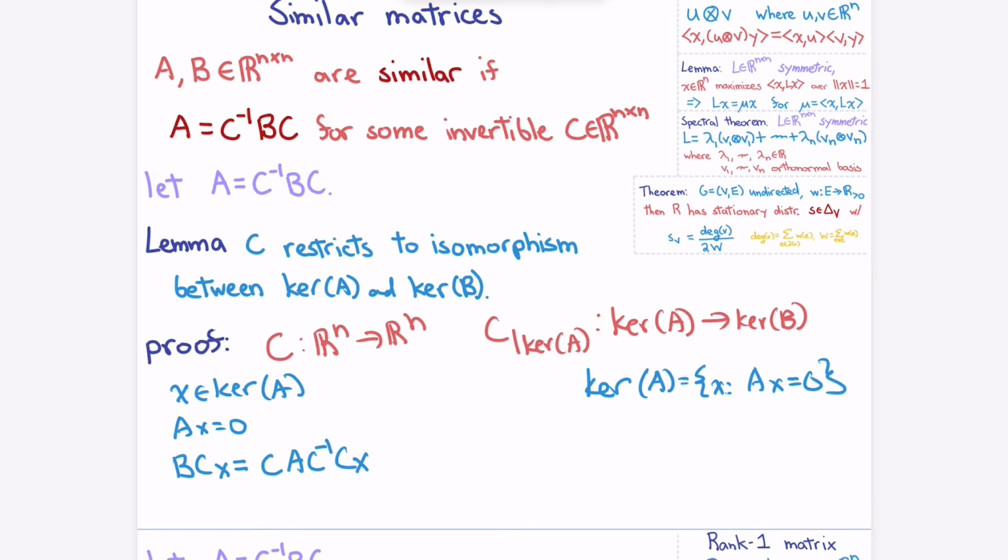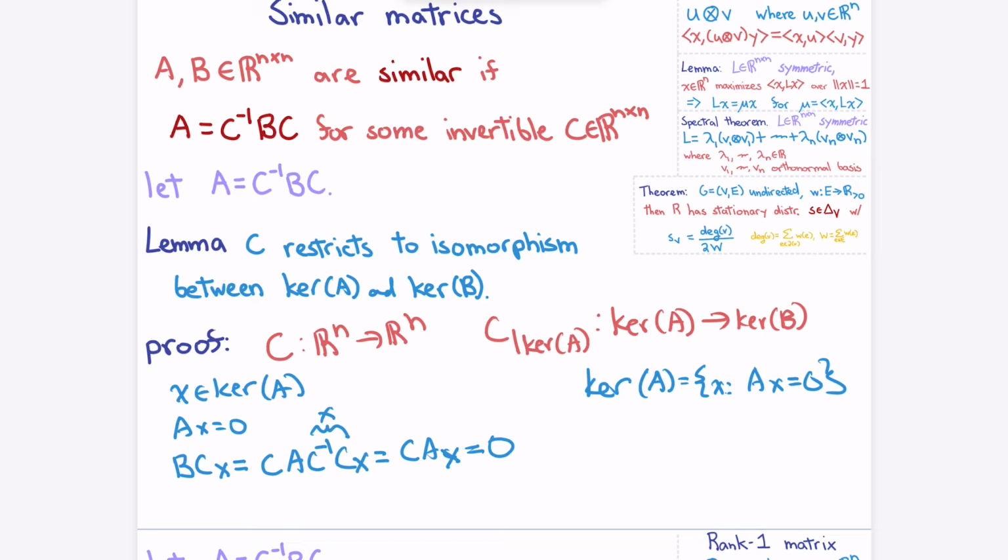No, it's just CAX. It will be CAX if you just give me a moment. But if you first substitute in the definition to see where it comes from, you'll get CACA minus 1x. So these cancel out, and you get CAX. AX is equal to 0.